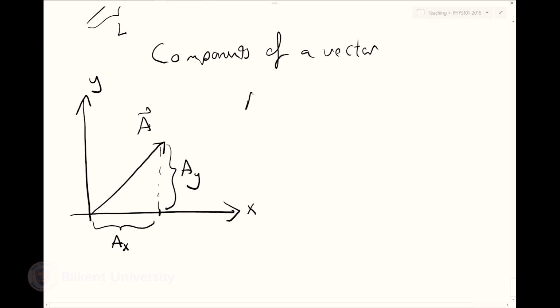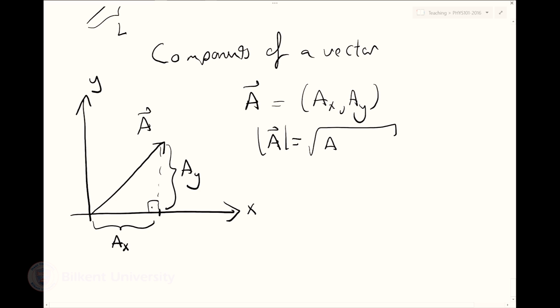So in many cases, instead of thinking of A as an abstract object, in 2D, I will think of it as something that's made up of 2 real numbers. What would be the norm, the magnitude of my vector? Because this is a right triangle, it's going to be the square root of AX squared plus AY squared.